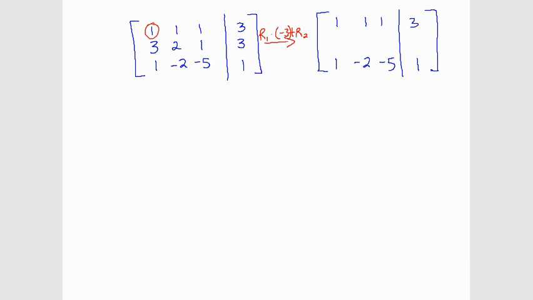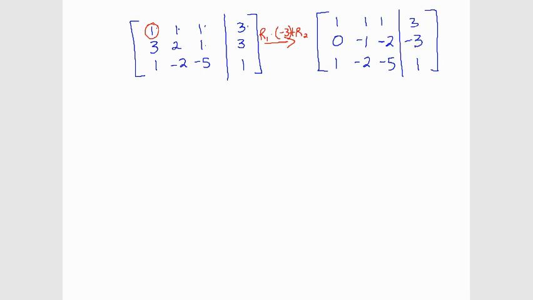So we got -3 plus 3 gives us the 0 there. That's good. -3 plus 2 gives us the -1. And then -3 plus 1 gives us the -2.